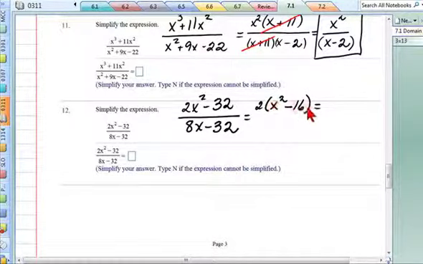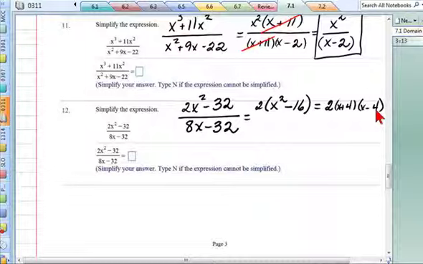Do you recognize it? Yes, isn't it the difference of squares? So I will take one more step and say that's 2 times what? How do you factor the difference of squares? X plus 4 and x minus 4, a sum and difference of their square roots. So to factor the entire numerator took me 2 steps.